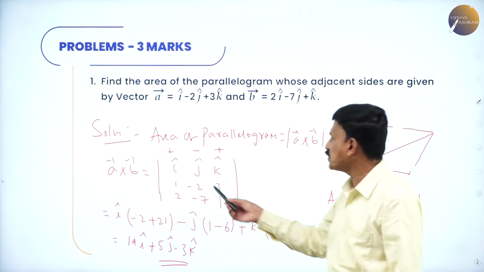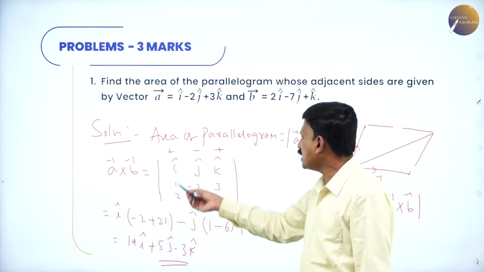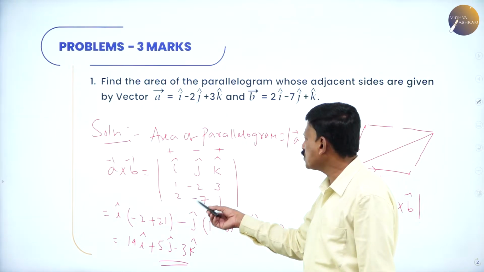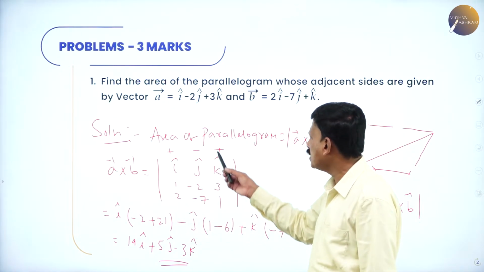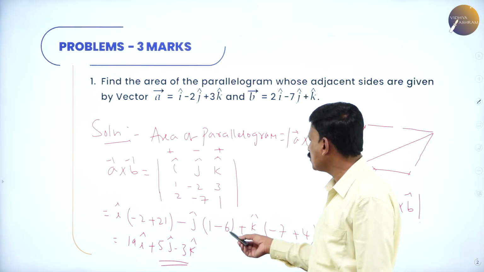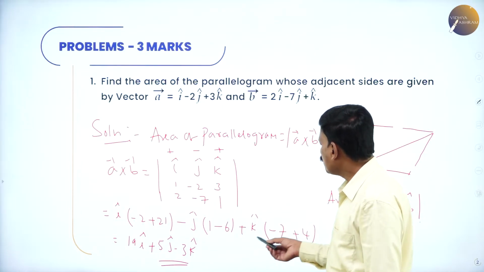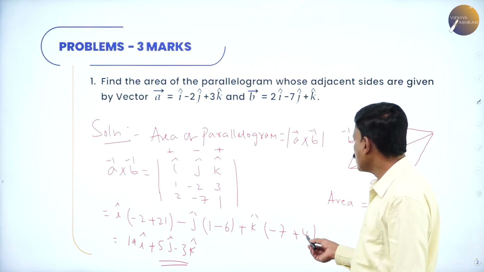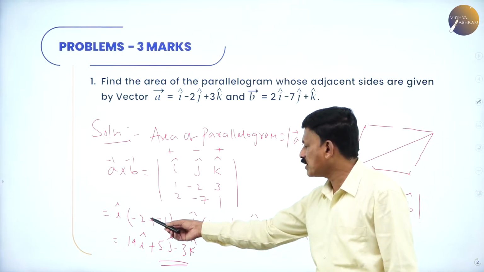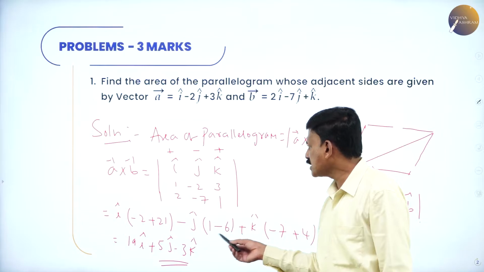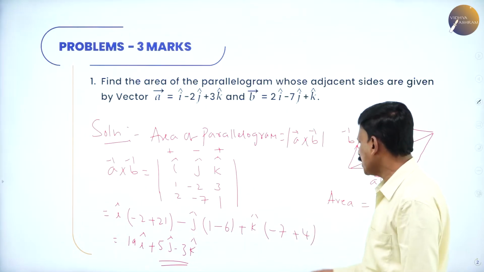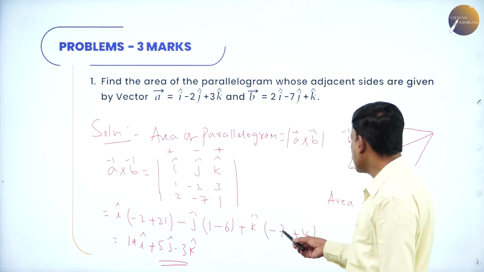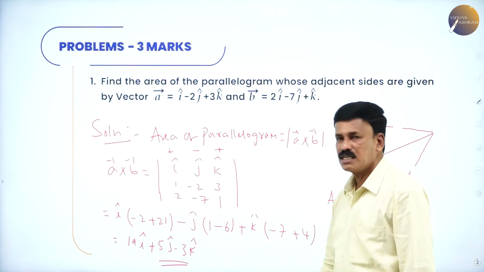Expand with respect to first row, plus i into minus 2 into 1 is minus 2, minus into minus plus, 7 3s are 21, minus j into 1 1s are 1, minus into plus it is minus, again 6, plus k into 1 into minus 7 is minus 7, minus into minus plus, 2 2s are 4. 21 minus 2 is 19, 1 minus 6 is minus 5, minus into minus plus, again minus 4, minus 7 plus 4 is minus 3, this is minus 3k.